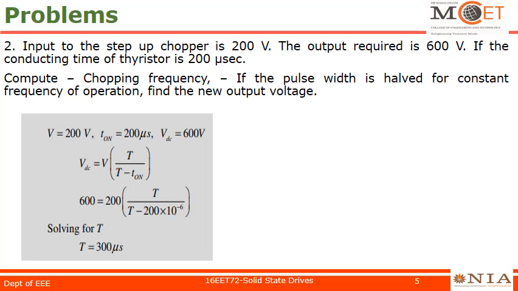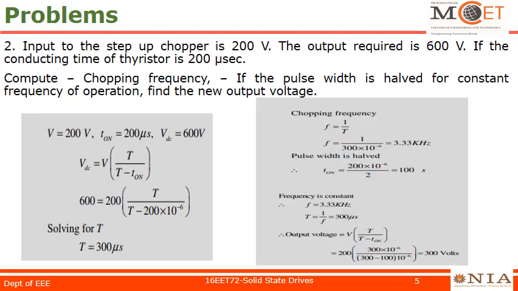By applying the values, you will get the time interval T, that is 300 microseconds. Frequency is 1 by T, so the chopping frequency is 3.33 kilohertz. So we found the first answer.